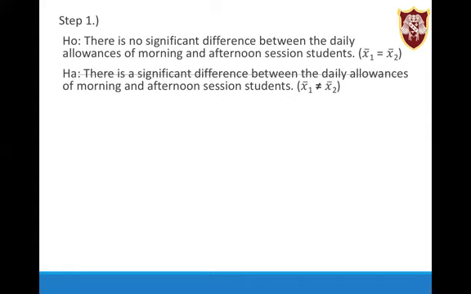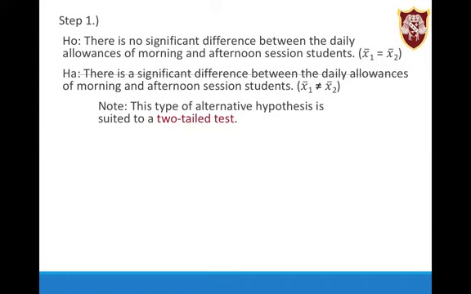We did not use the greater than or the less than symbol. Instead, we have the unequal sign. Therefore, that means we have to perform a two-tailed test. Okay, so the type of test, whether one-tailed or two-tailed test, depends on how we formulate the alternative hypothesis.